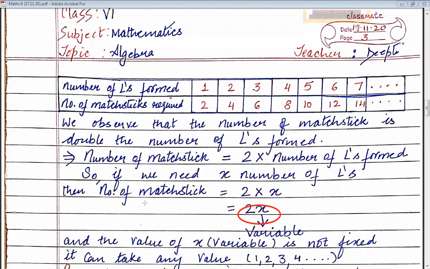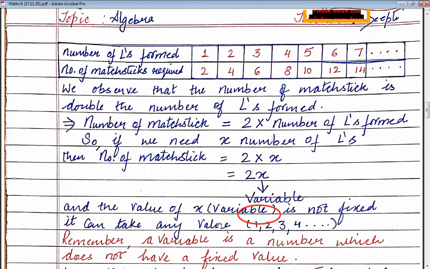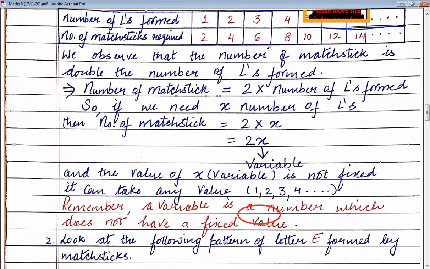Okay, so here the value of X is not fixed. It can take any value. It can take 1, it can take 2, it can take 3, or anything. So remember, a variable is a number which does not have a fixed value. It keeps on changing its value.